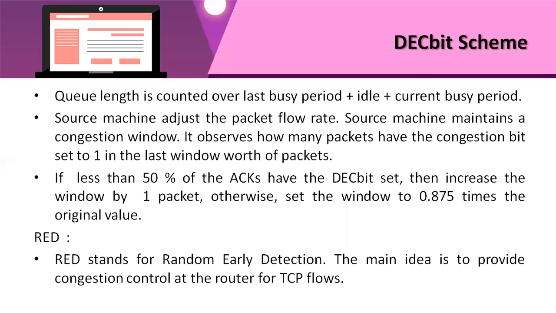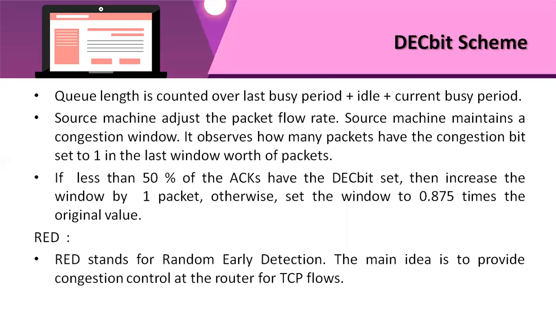The source machine maintains the congestion window. It observes how many packets have the congestion bit set to 1, because if the congestion bit is set to 1, the average queue length exceeds the value of 1, so that the source can adjust the packet flow rate by checking the congestion indication bit equal to 1.